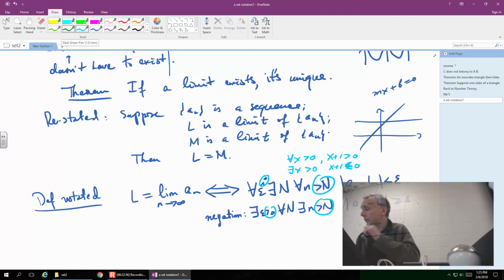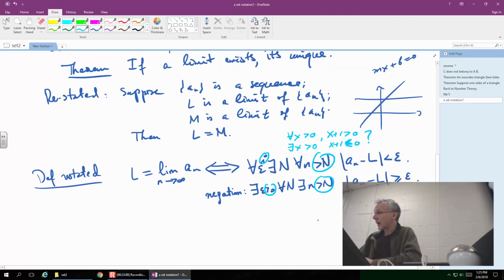For any x, I snuck larger than 0 into my preamble. This is my preamble, and I snuck in a restriction on x for convenience, so that we don't care about x's that are not positive. But I could bring it inside and make it a hypothesis and have an implication.